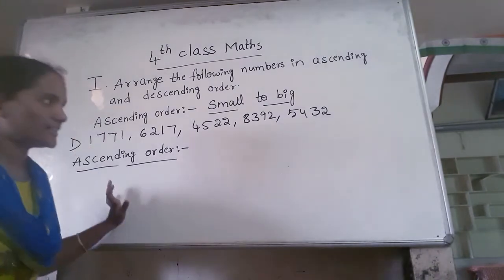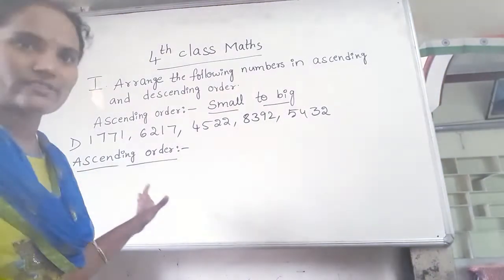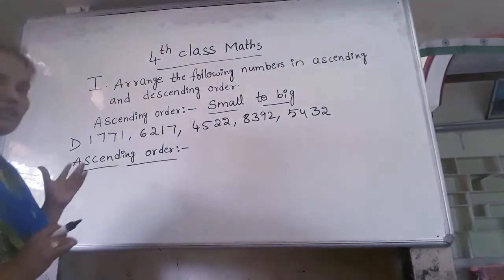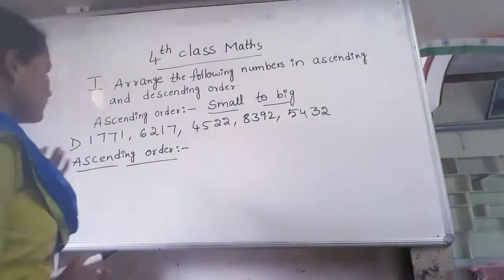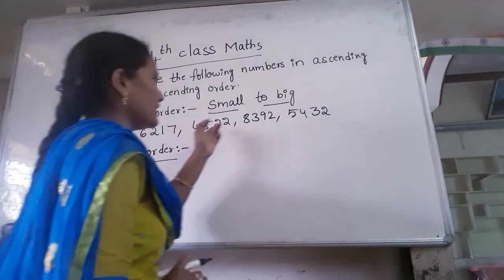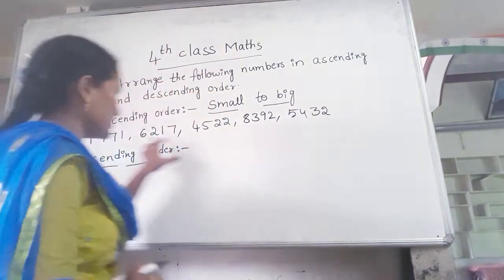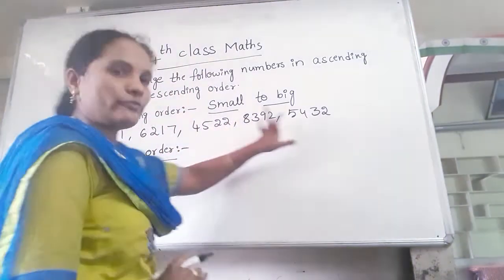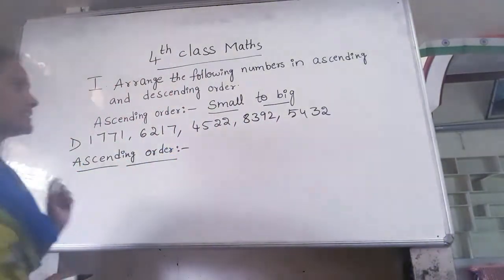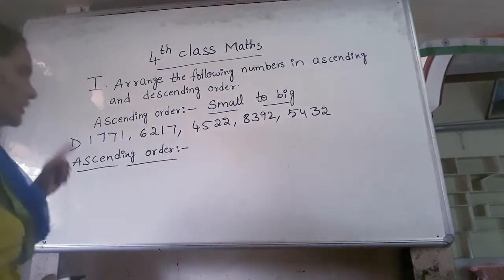First, which one is the small number? You check that first. How to find out which one is the small number? First, the given numbers are all 4-digit numbers. So, which one is the small one? You check first in the thousand place.